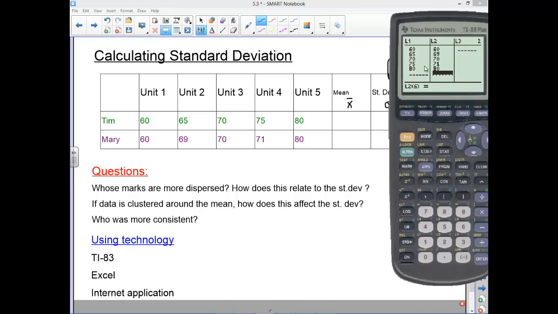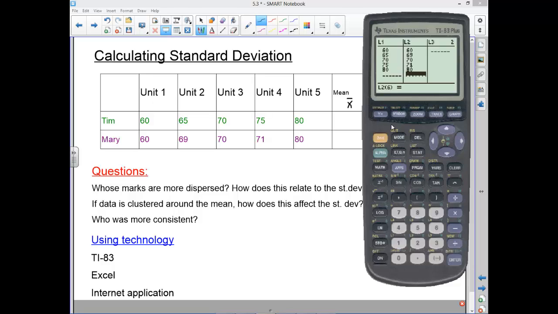Okay, so back to our calculator. Push Stat, and it's going to be calculate, and one variable statistics. As for my L1 list, I find that the mean is 70, and there's several other pieces of data.